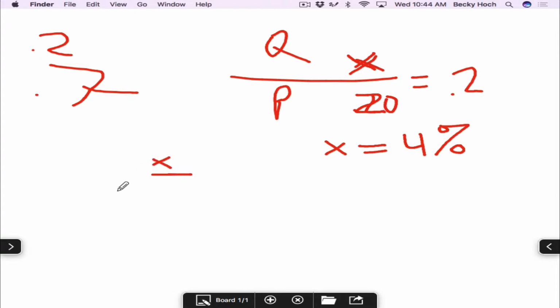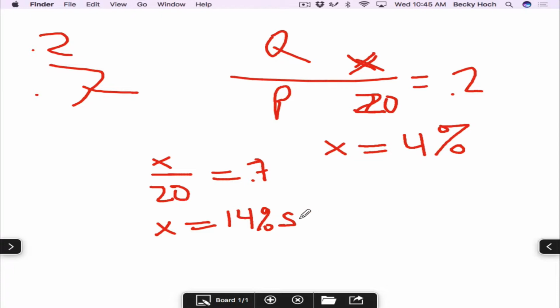X over 20 equals 0.7 now. And we multiply both sides times 20, and we get X equals, what? 14%. And this is the long run, and this is the short run.